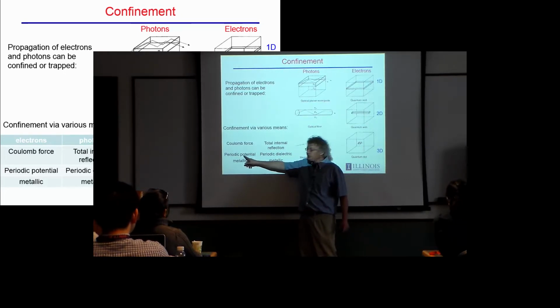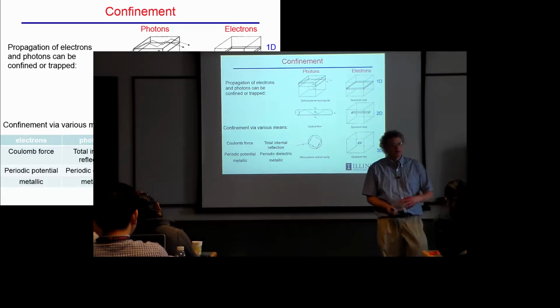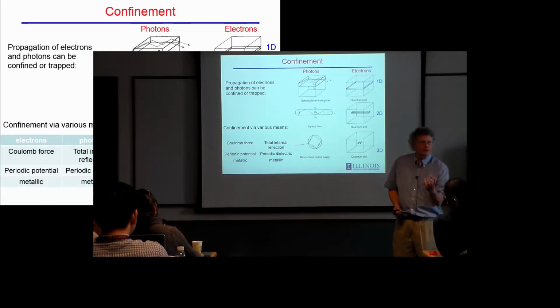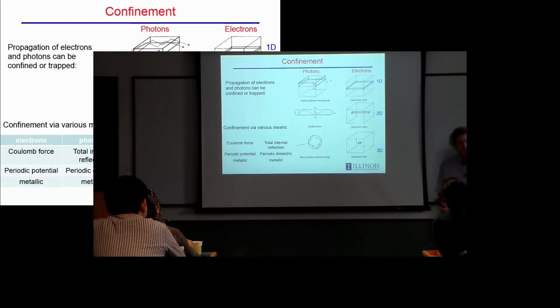Turns out periodic potentials confine electrons in solids all the time, because if we have a solid like a crystal, like a piece of silicon, the silicon atoms are periodically arranged in a lattice. So the electrons inside of that lattice have a very specific behavior because of the periodicity of those ions.